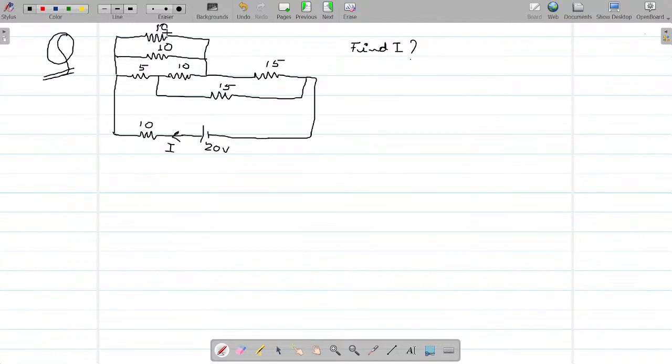But tell me, can I reduce this 10 parallel 10? The question is asking you what? The current in this branch, right? If you had no idea if it is a balanced bridge or not, what would you have done? You would have solved step by step, right?